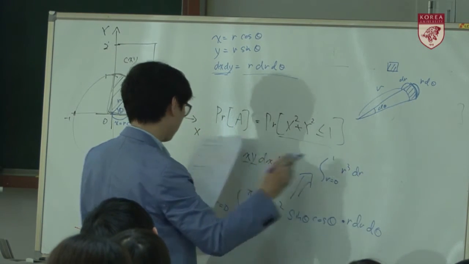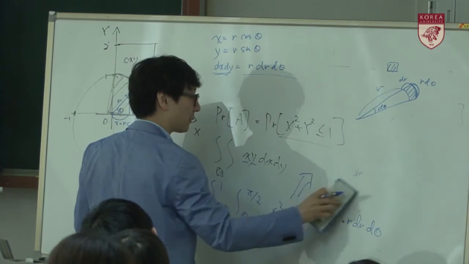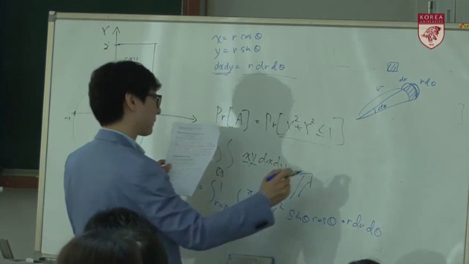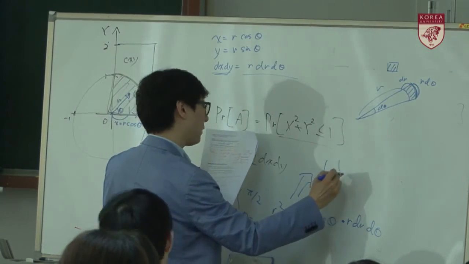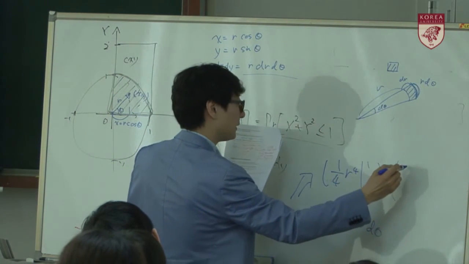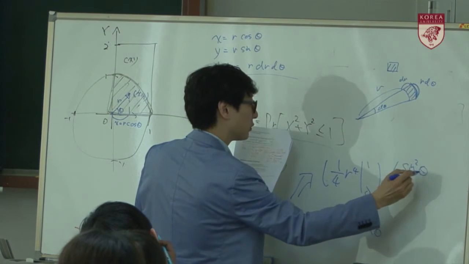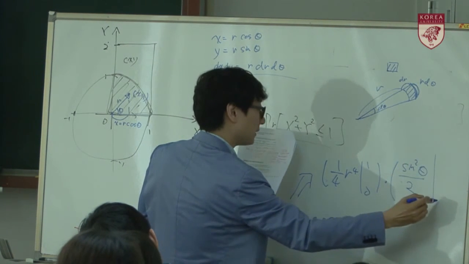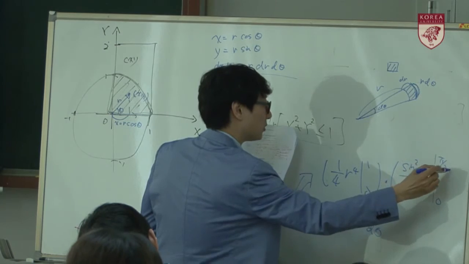Finally, it becomes 1 over 4 r to the fourth from 0 to 1, times the integral of sine theta cosine theta over 0 to pi over 2.